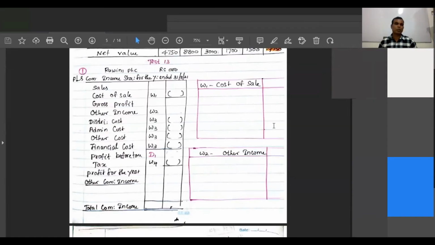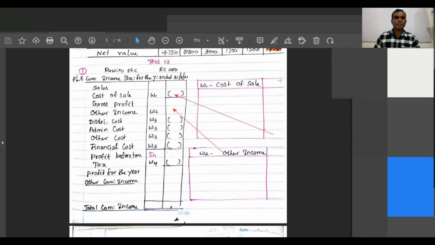Right. Now take the total of working number 1, cost of sales, and the total should be taken here. Other incomes, total should be taken here.